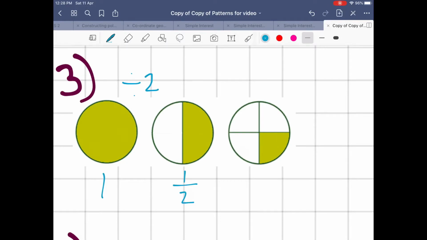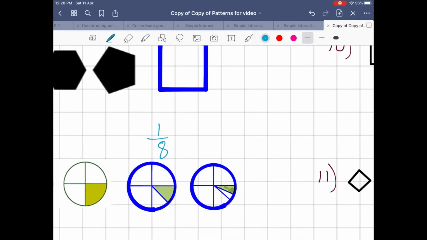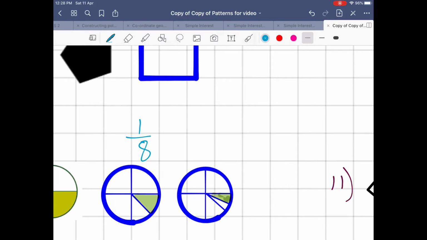Then half, we are dividing a half into 2 parts. We will now get a quarter. So next we must divide a quarter into 2 parts, and we will get 1/8 here being shaded, and then 1/8 divided into 2 parts, or half of 1/8, will give me 1/16.